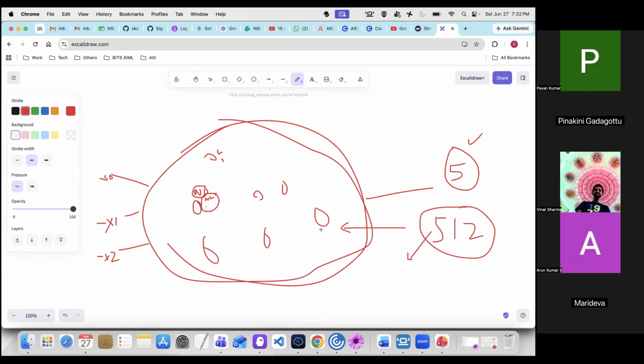You are moving your weights such that you get the expected output. I hope I made some sense there. If you didn't understand, let me know.